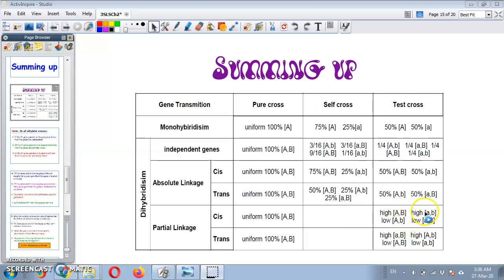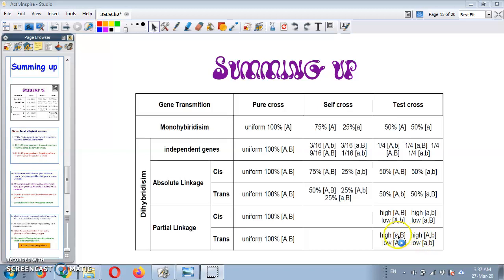If the high proportion of the offspring carries dominant alleles together in the same offspring, and the recessive alleles together in the other high offspring, then it is the case of cis position in partial linkage.